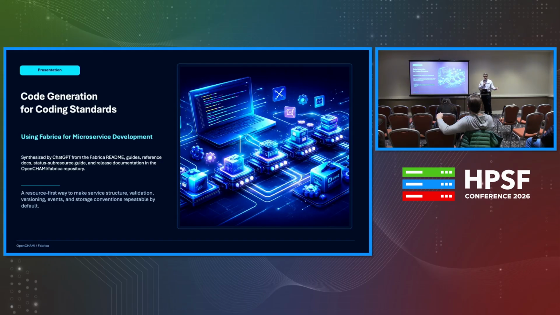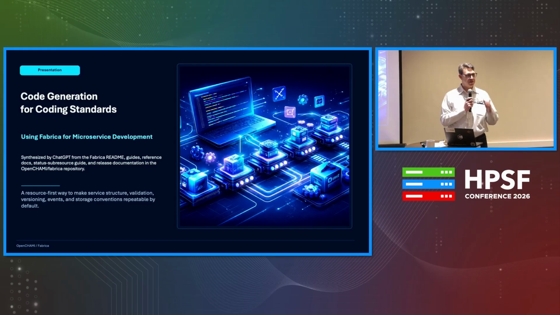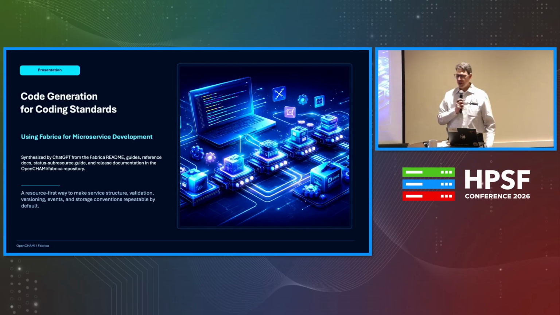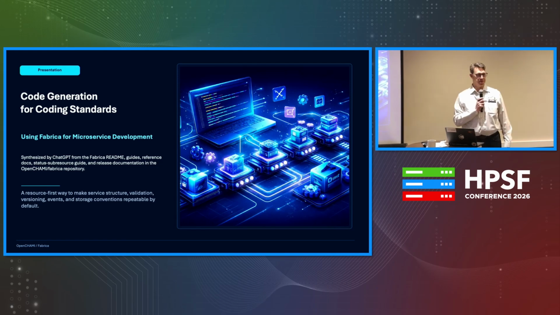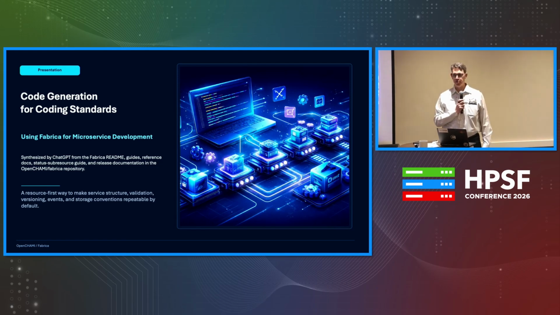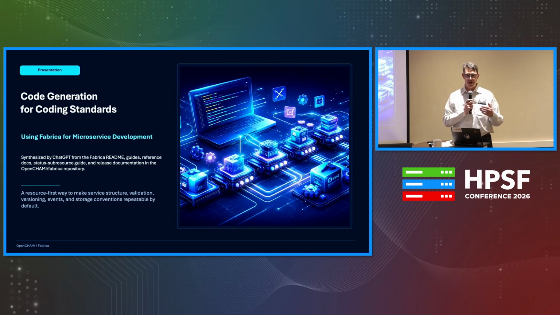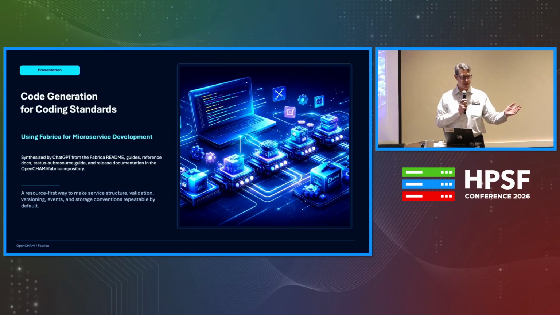So I said, well, what if instead of doing that, we wrote a framework that makes it really, really easy for someone to just handle all of the standards with automation, through templates, so they can focus on the thing that they really wanted to do in the first place, which is contribute code that does something, right? So Fabrica was my attempt at that through Go templating, which works really well for templating out more Go code.